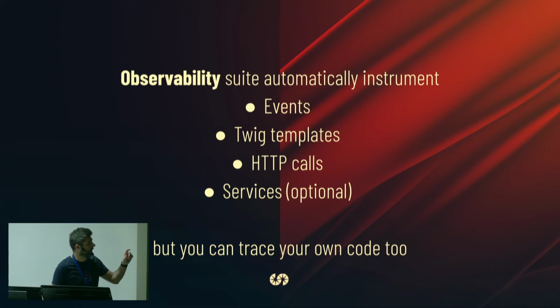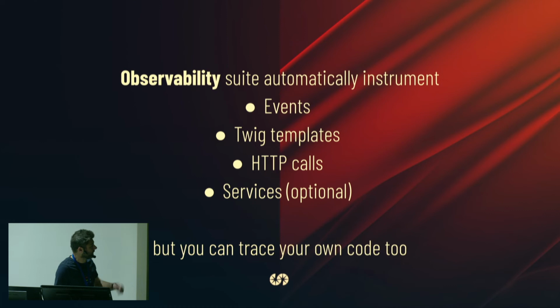But this is optional because usually in a single page request, Drupal will call hundreds of services, so it's slow. So if you enable the service instrumentation, your page is not usable anymore.